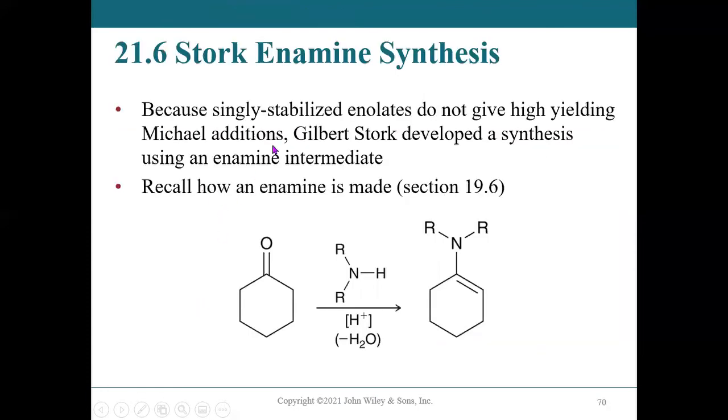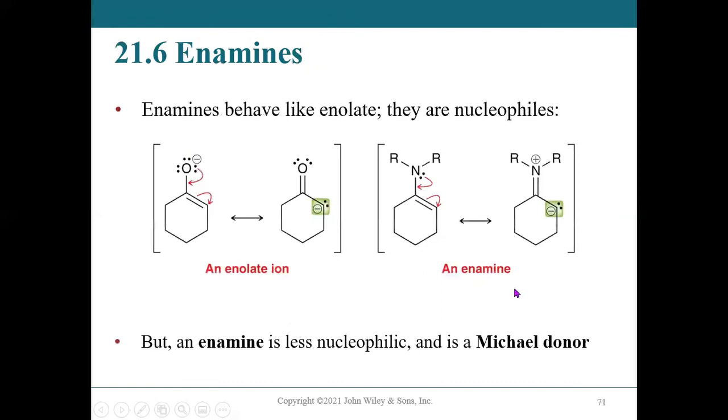Because singly stabilized enolates do not give high yield Michael addition, Gilbert Stork developed a synthesis using an enamine intermediate. Recall how an enamine is made with a ketone and some of those amines to produce an enamine. An enamine behaves like an enolate, as a nucleophile.